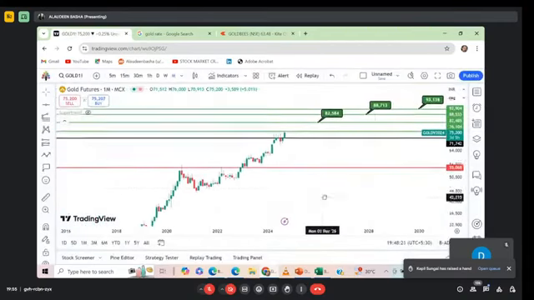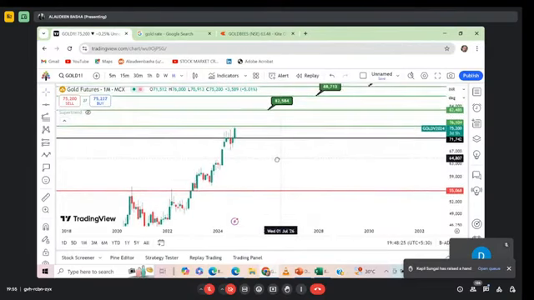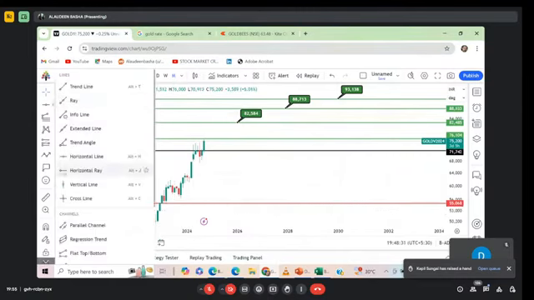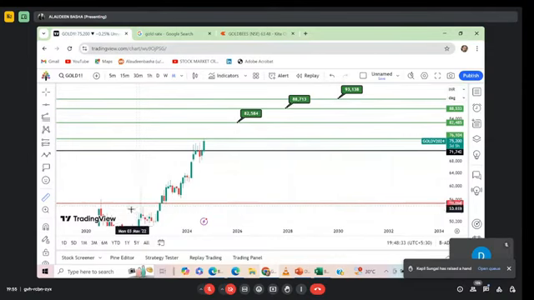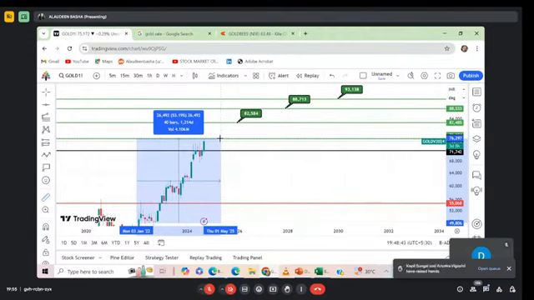So I already analyzed for you guys. As per the monthly chart, from 2022 to 2024, within 2 years, the return of gold is almost 53%.